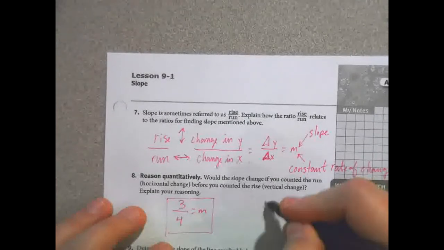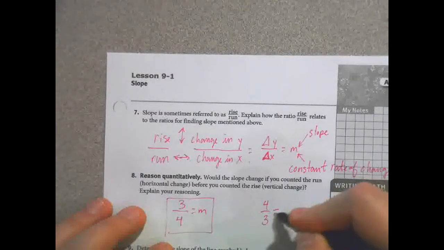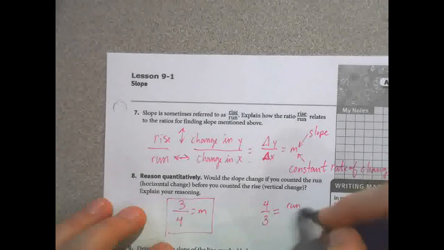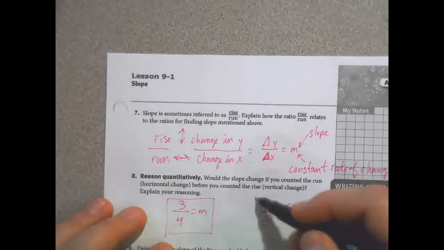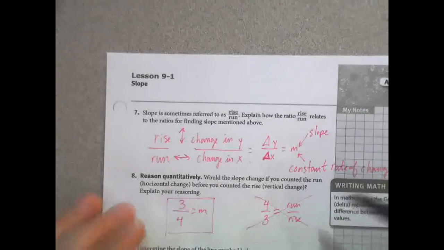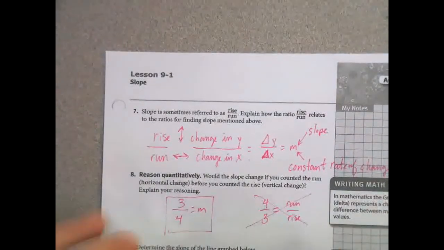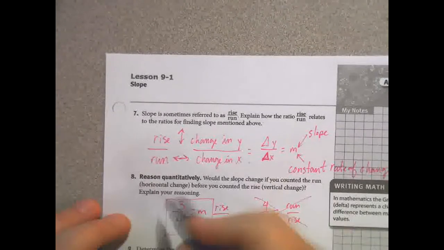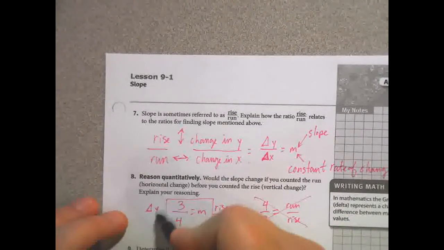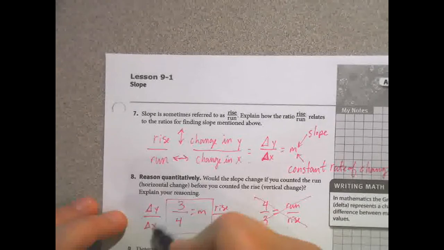It would be 4 over 3, and that's run over rise. And that's a different slope. It's not the same, so we can't do that at all. So we have to think of this as rise over run, or change in Y over the change in X. And we'll get more into calculating that in just a moment.